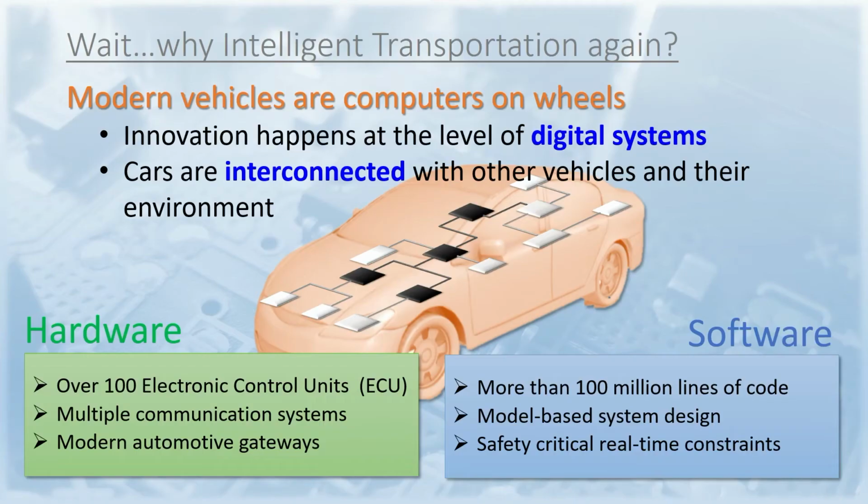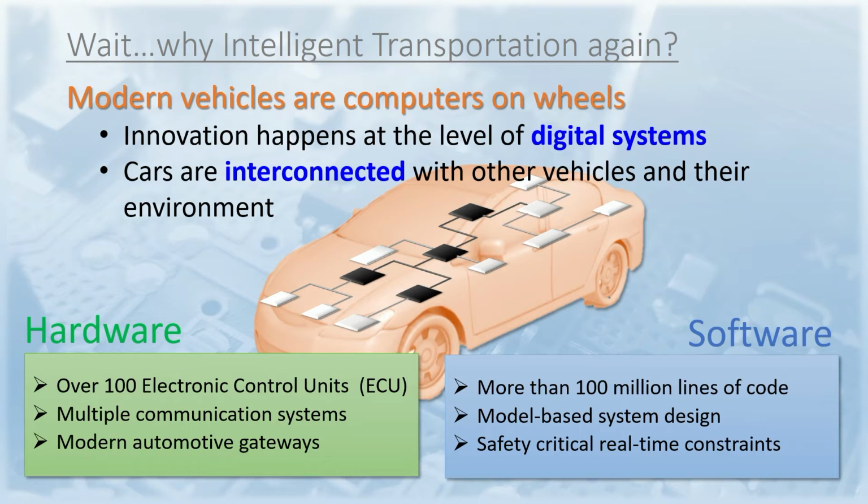In terms of hardware, a car today can have more than 100 electronic control units. Each of those ECUs is a compact computer able to communicate with other ECUs, sensors and actuators, and special automotive gateways. In terms of software, there are overall millions of lines of code running on the microprocessors of those ECUs.